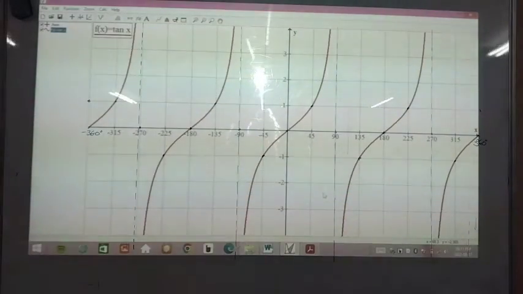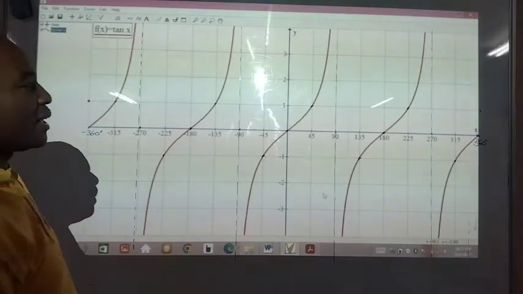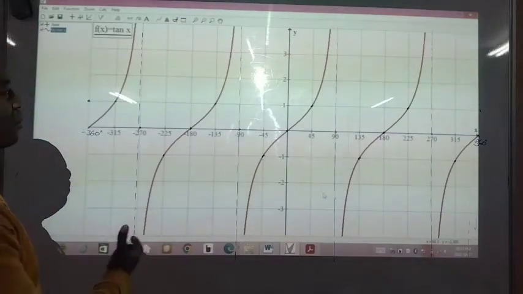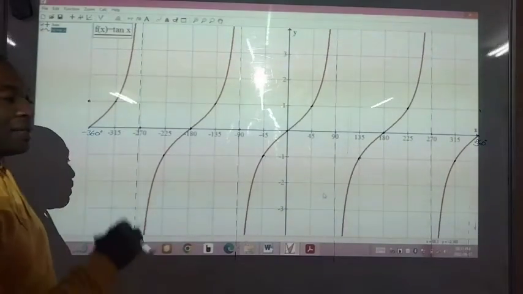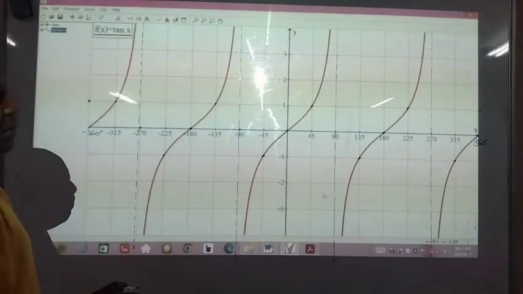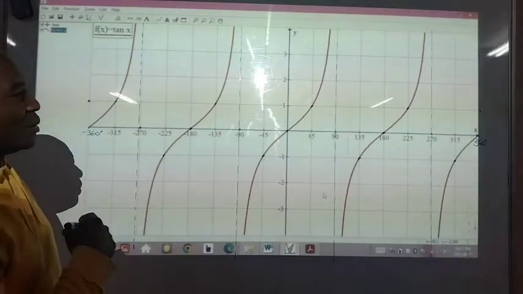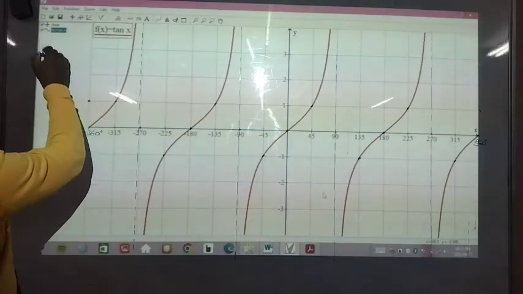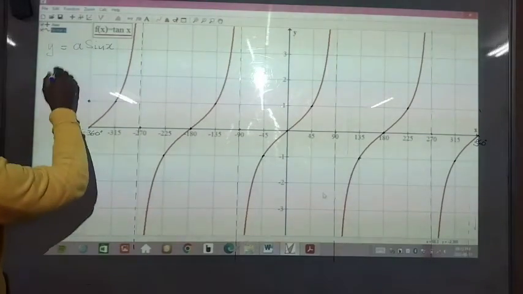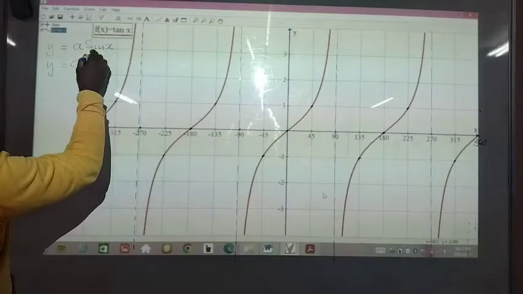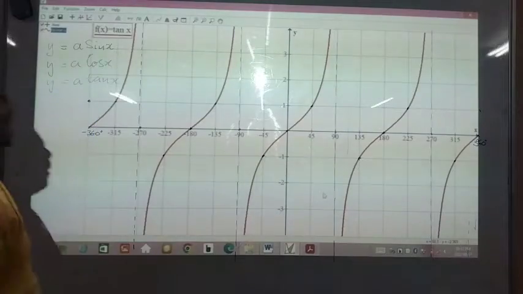So these are the basic graphs that you started with in grade 10, and all the concepts are going to be developed on your understanding of these graphs. Now, in grade 10, after having mastered this concept, you also went on to introduce a, that is y = a sin x, y = a cos x, y = a tan x.